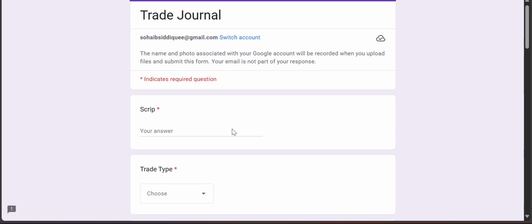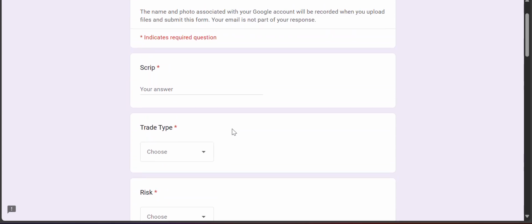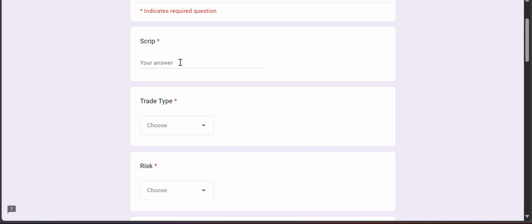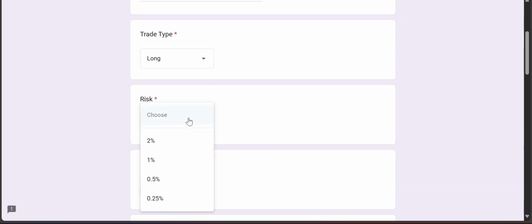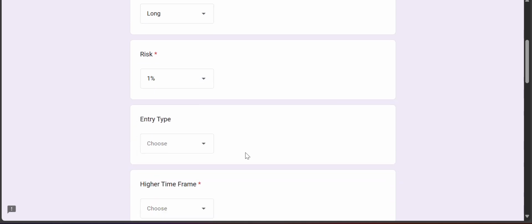And then we will journal, we will put the trade in our journal. So what was the script? It was XAU/USD, trade type, it was a long trade. What was our risk? It was 1%.